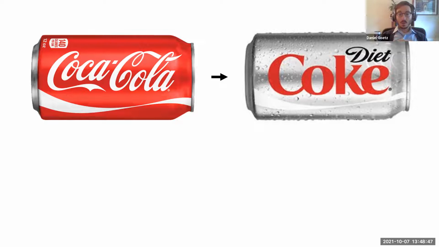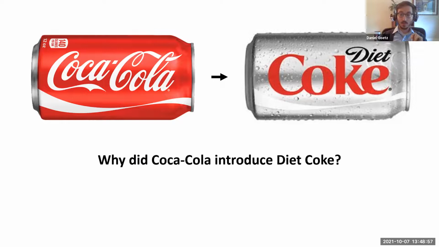Okay. Here we have a famous company, Coca-Cola, and they introduced this new product in their lineup, Diet Coke. So why did Coca-Cola, which is already a well-recognized brand, introduce Diet Coke as an option?